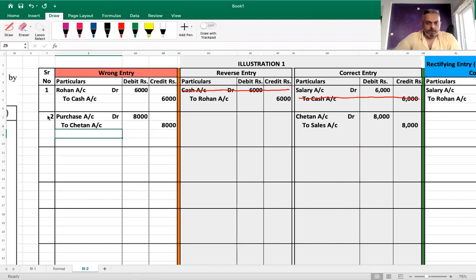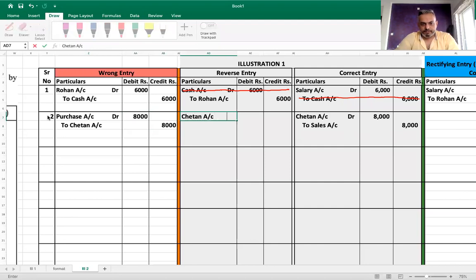Now we know it's a wrong entry, so we need to reverse the entry. So now Chetan account debit 8,000 to purchase account 8,000.